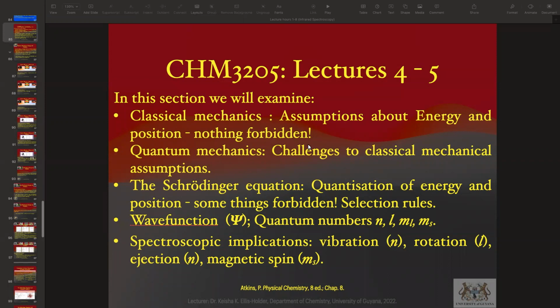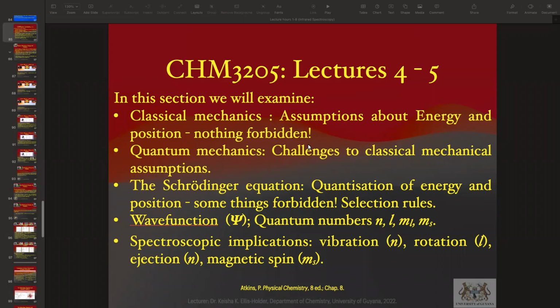And so that will bring us into a brief discussion pertaining to quantum mechanics and how quantum mechanics provided some kind of respite, if we can say, pertaining to the limitations that were presented in classical mechanics.